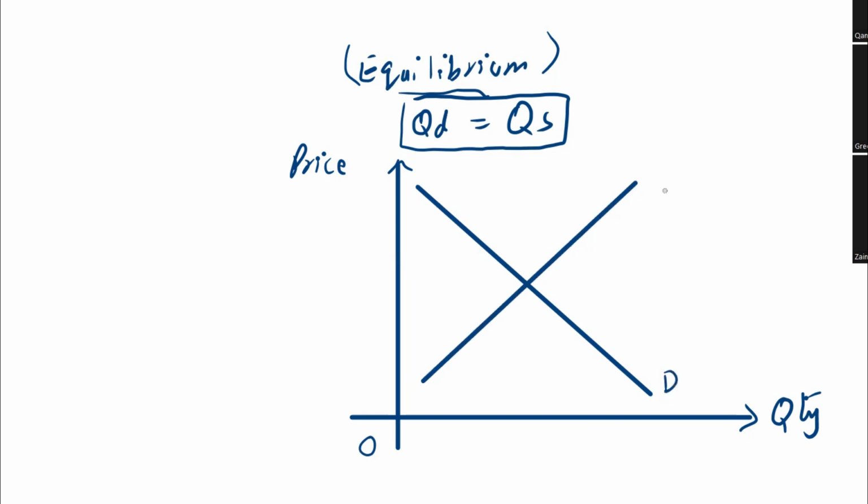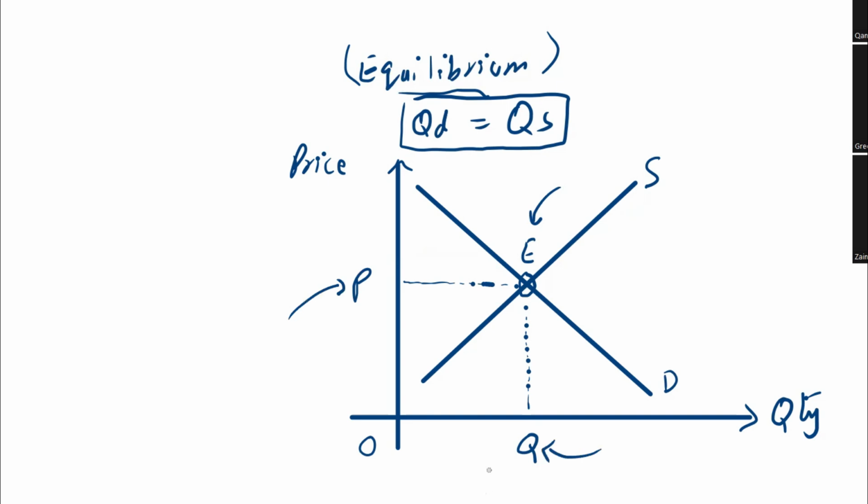The point where the demand and supply curves intersect each other, that is point E, is called equilibrium. If we drop a perpendicular, we get the quantity, that is Q, and we can find the price on the y-axis. So in this graph, equilibrium takes place at E, where equilibrium price is P and equilibrium quantity is Q, right?